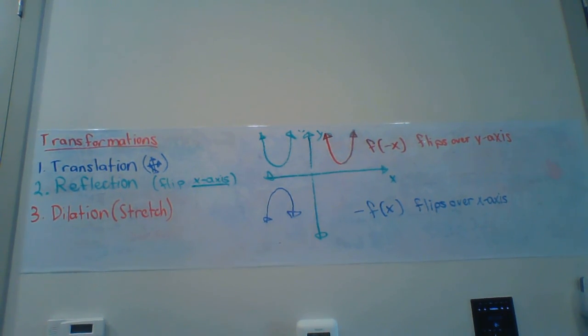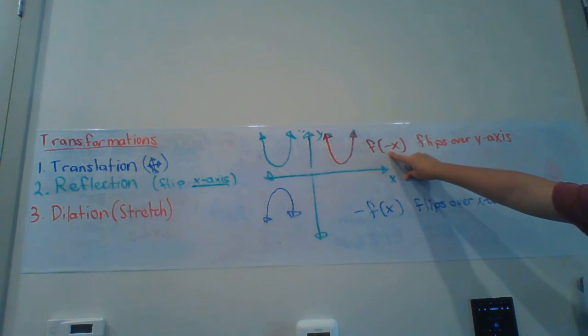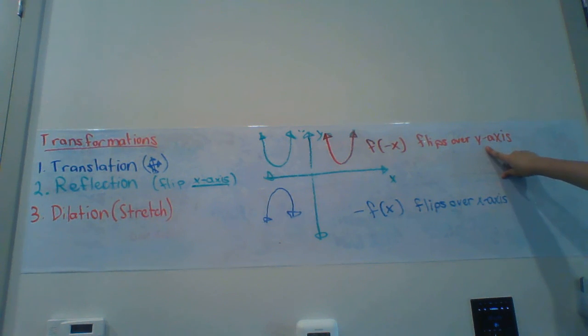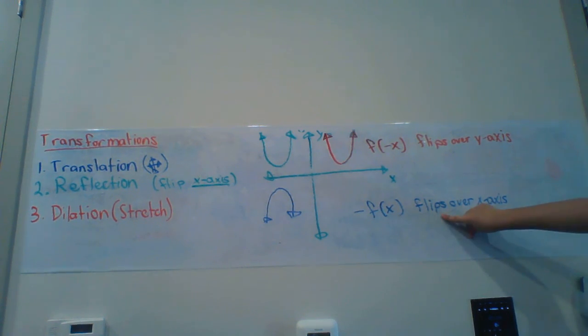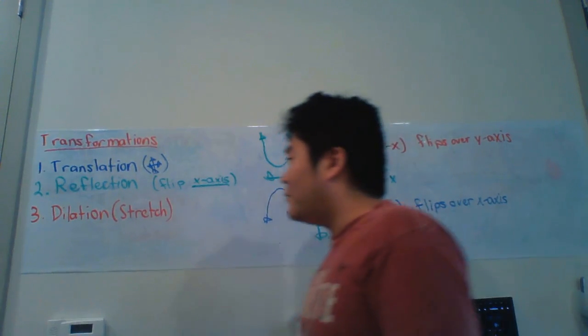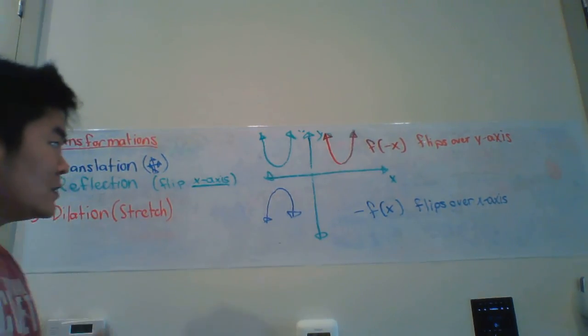There you go. That is reflections for you. If it's inside the parentheses, it's going to flip over the y-axis, right? And if it's outside the parentheses, it's going to flip over the x-axis. So that's kind of where we would go for reflections.